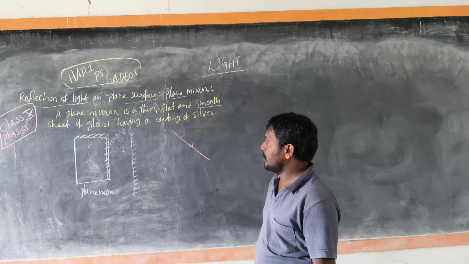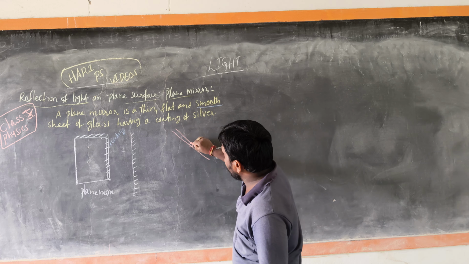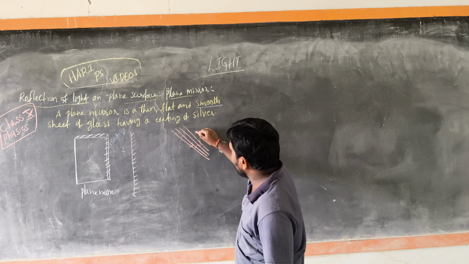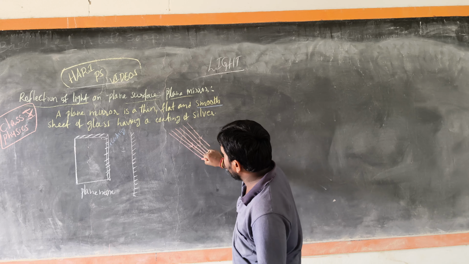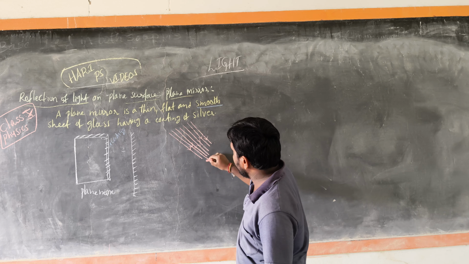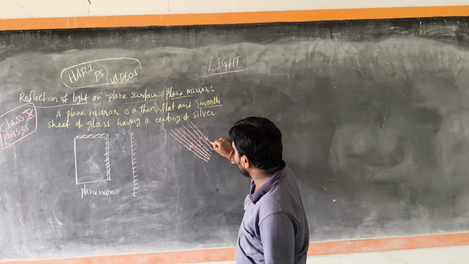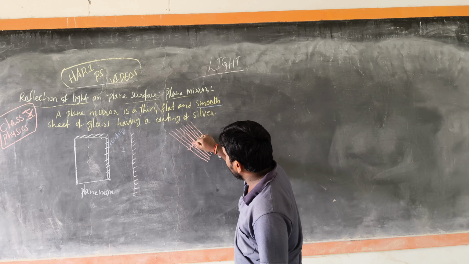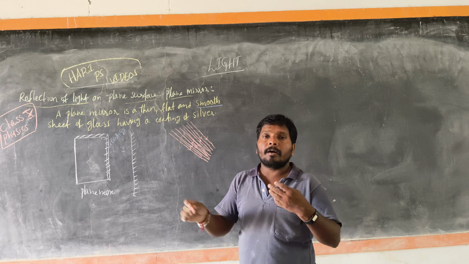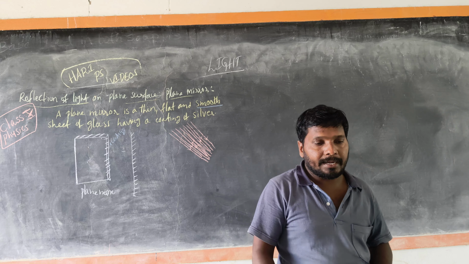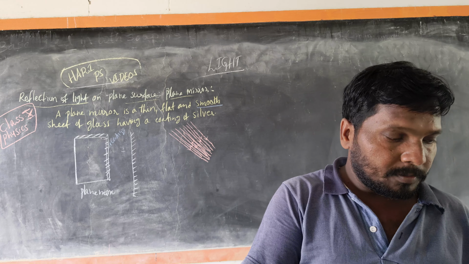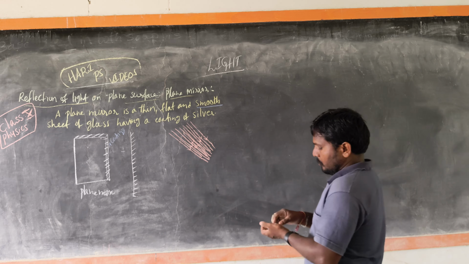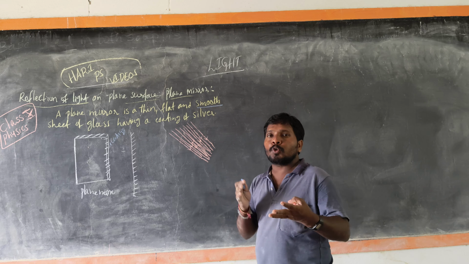A bundle, group or combination of many light rays is called a beam of light. So a beam is nothing but a group of light rays.